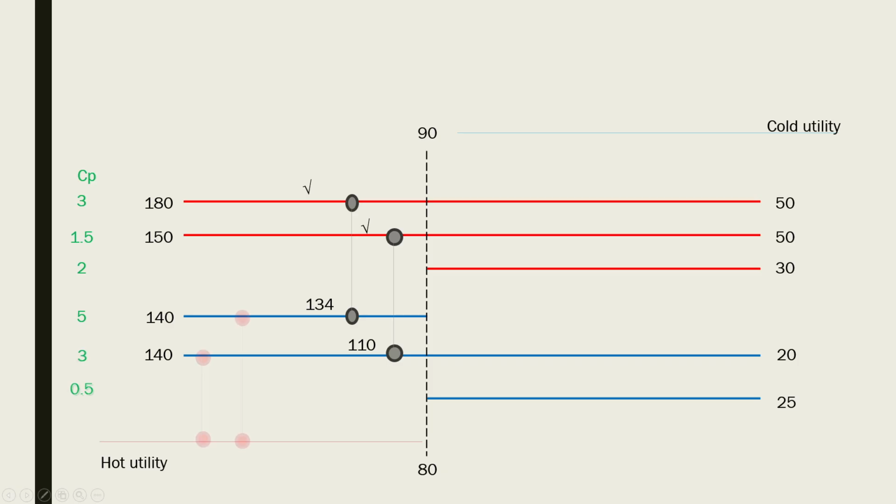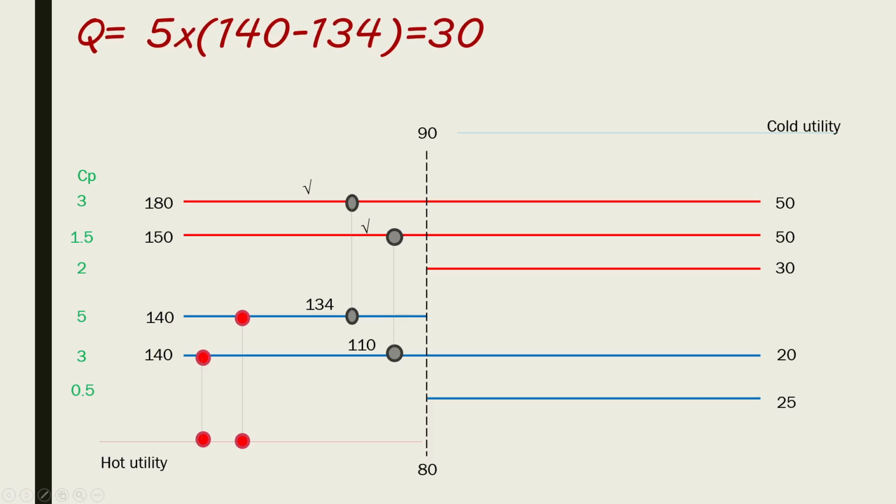Now we are going to put two heat exchangers between the cold streams and an external hot utility, and we're going to calculate the minimum heating loads, which is going to be 5 multiplied by 140 minus 134. This gives us 30 kilowatt for the first cold stream.